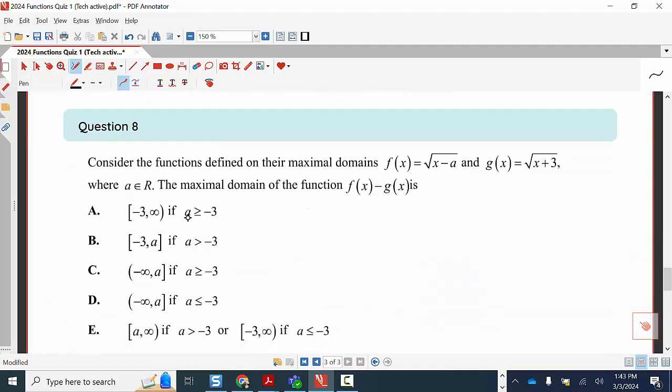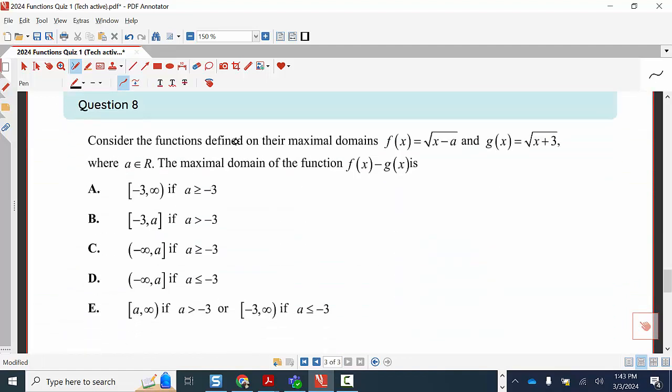Okay, this one was hard. Consider the functions defined on their domains. The maximal domain of f of x take away g of x. This function here is the standard root function moved 3 to the left. This one here is moved a to the right.